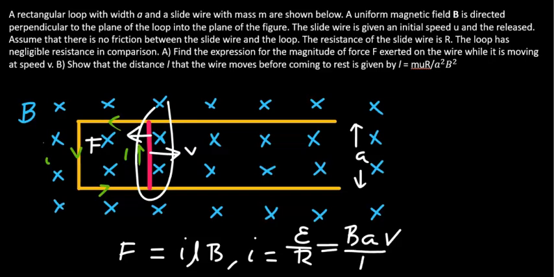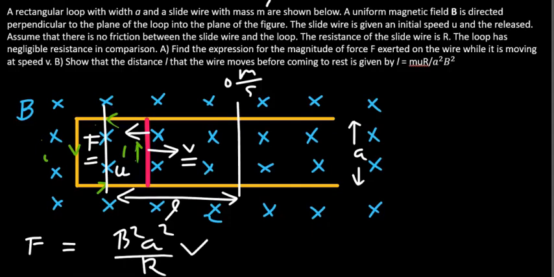And that, when you divide by the resistance of that moving bar, you get the electric current. We should represent L here with A, because L represents the length of that moving bar, in this case A. Substituting the electric current in this equation, we get B squared A squared V over R.